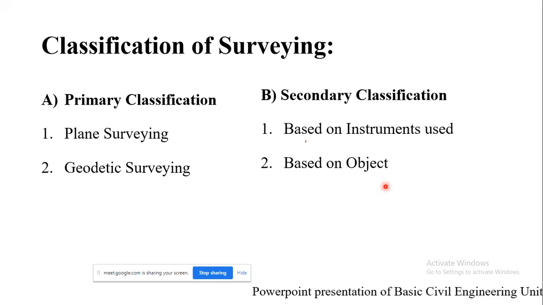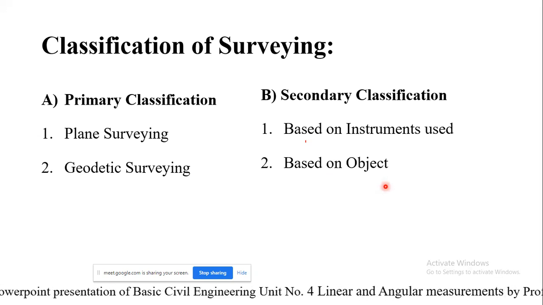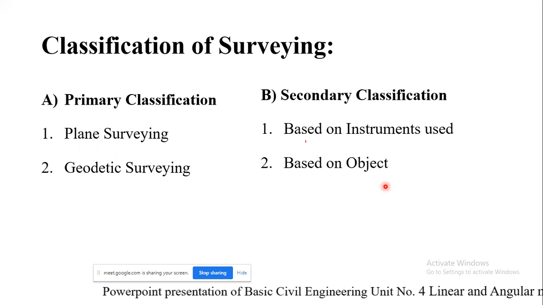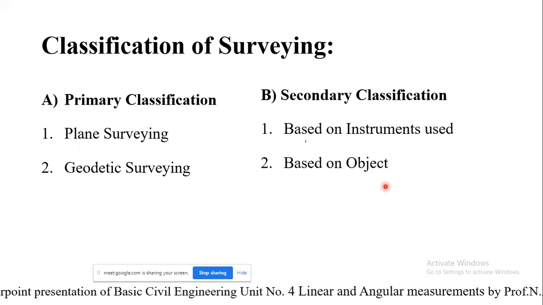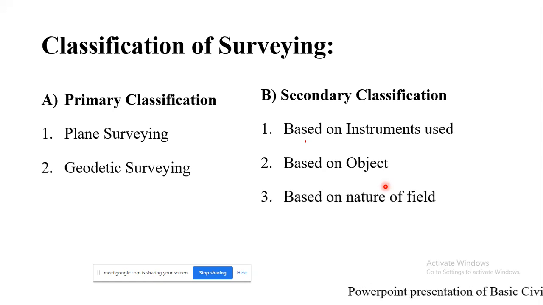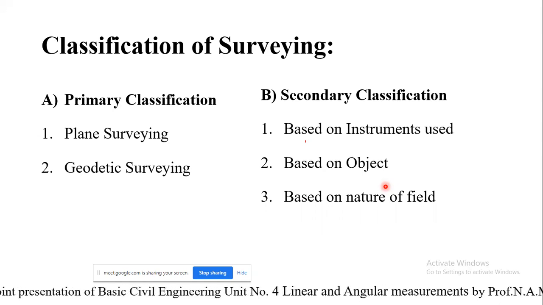Next is based on object. Based on object means, if you want to go with geological survey, that is geological survey. In case of mine, it will be mine surveying. Then archaeological surveying, and the next one is military surveying. Then based on nature of field, whether it is to be dealt with on the ground, that is land surveying.